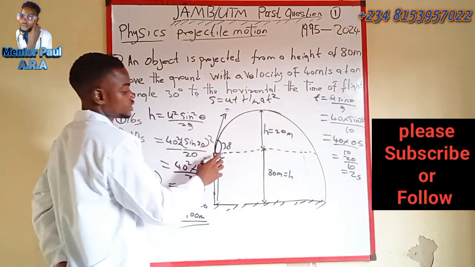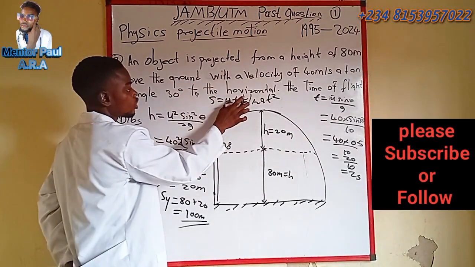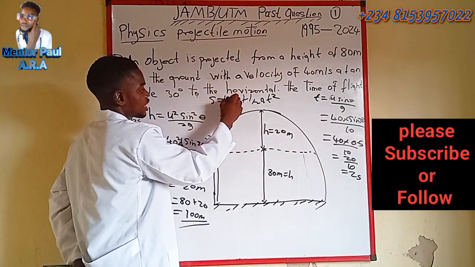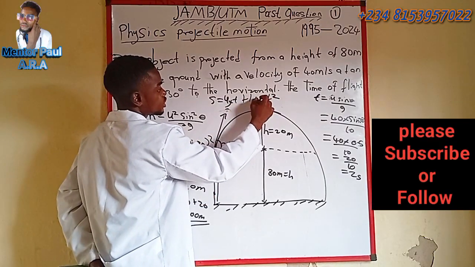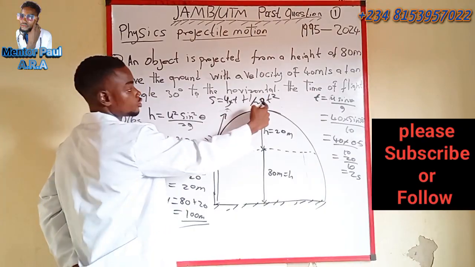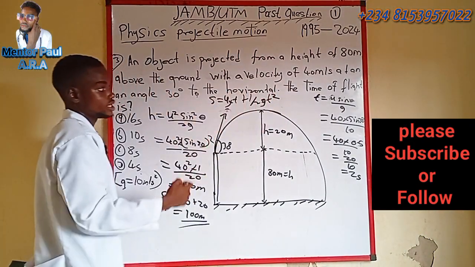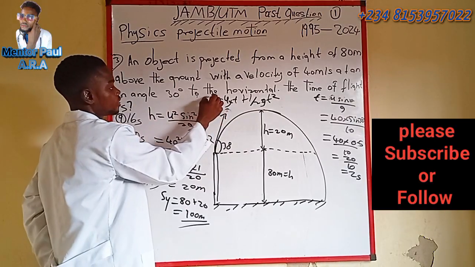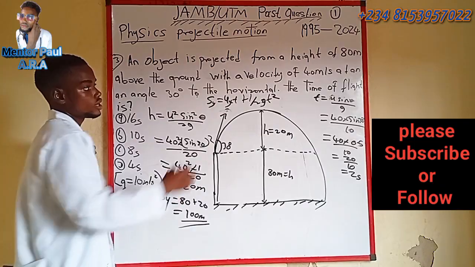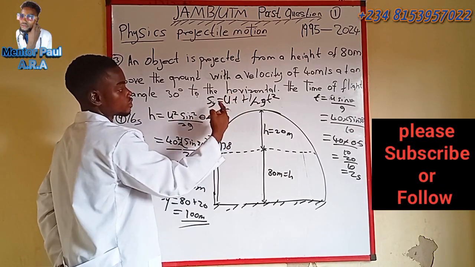Now, because this object is under a vertical motion, the u here will become our vertical component, and the a here will become acceleration due to gravity, represented as g, and the s here is going to be our vertical component, represented as sy.